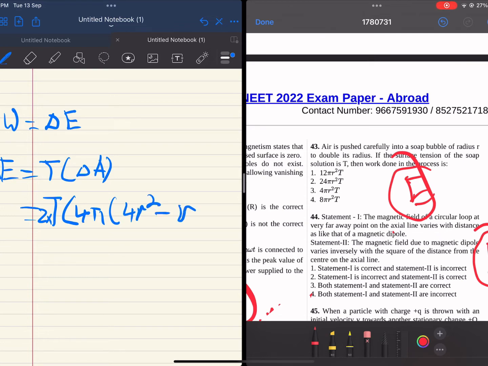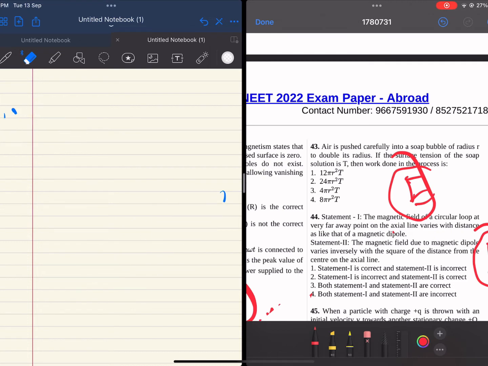So this will be 4 pi into 3r squared, which is 12 pi r squared, and we have a 2 outside, so 24 pi r squared T will be the answer. So the 43rd one answer comes out to be option 2.